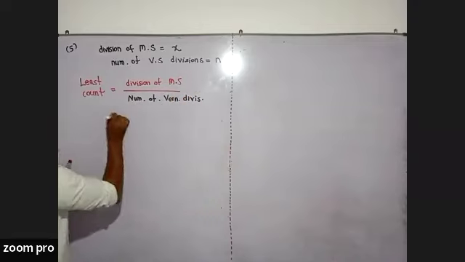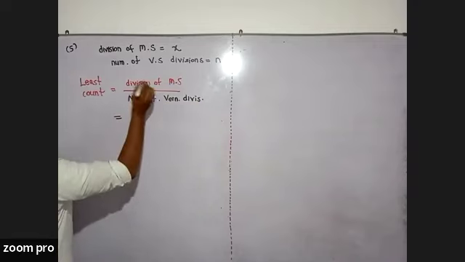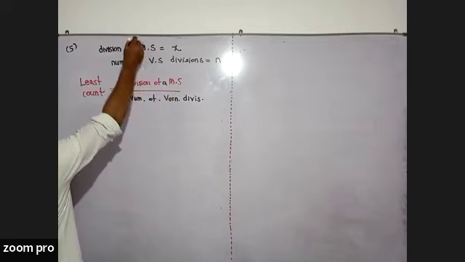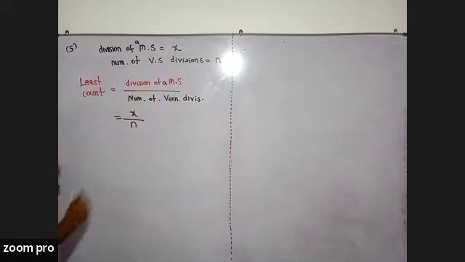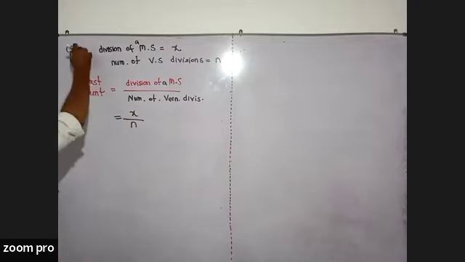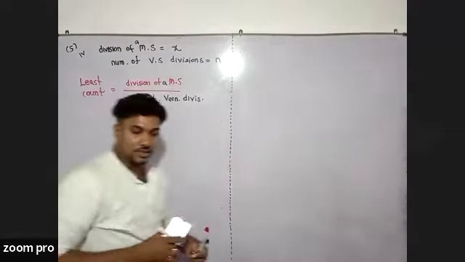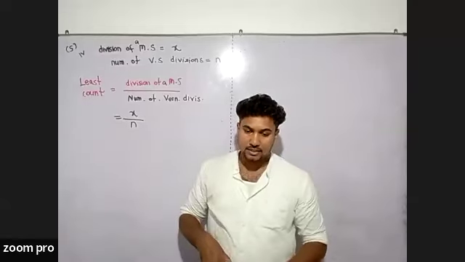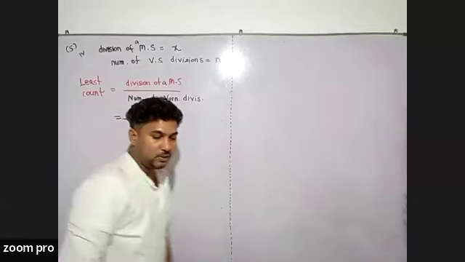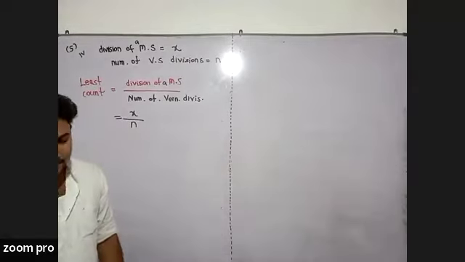If we substitute the relevant values, the division of main scale is x and the number of vernier divisions is n. So this is the answer, so it should be the fourth one. And there's another equation which can be used to obtain the least count of a vernier scale. By using that equation 2, you can obtain the same answer.